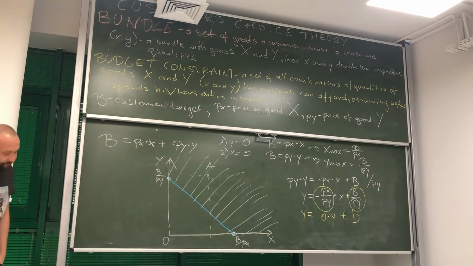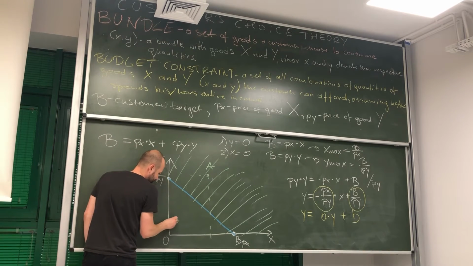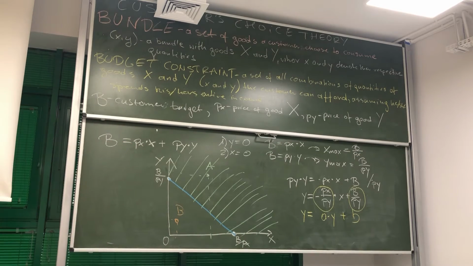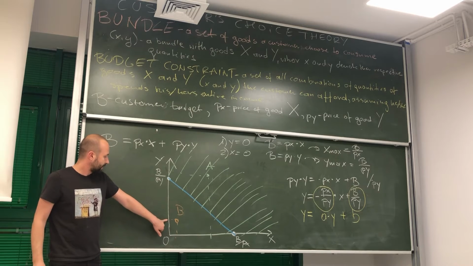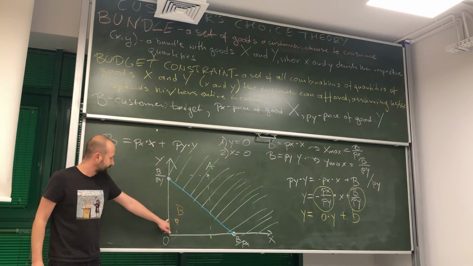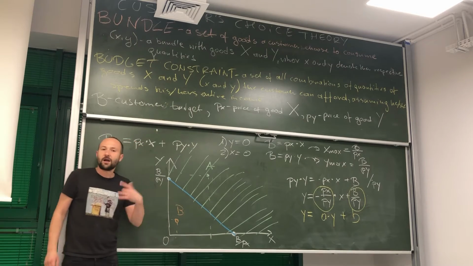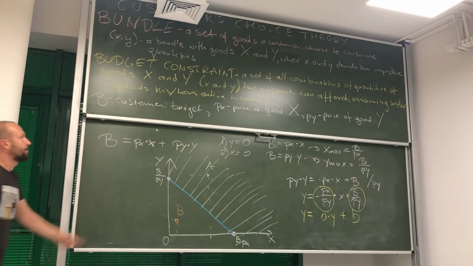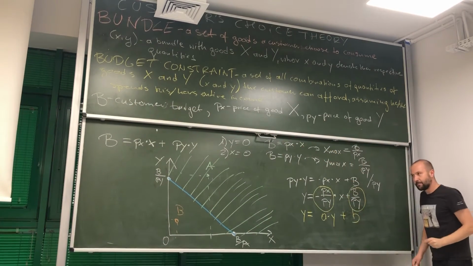Okay, now, if we look at point B, we see the reverse, right? Look, in this moment, we see the customer has only this much of good y, only this much of good x. Customer has still money left. Of course, this is a possibility, but you remember assuming spending entire income.